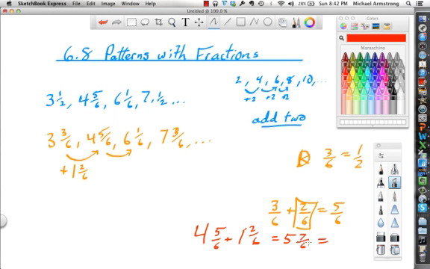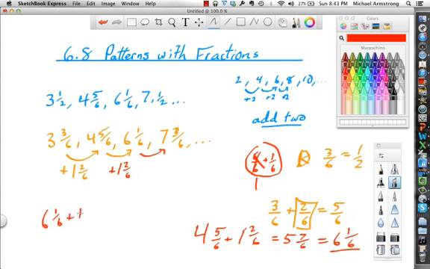So we remember that 7 sixths is the same as 6 sixths plus 1 sixth. So we've got to take the 6 sixths and turn it into 1. So we really have 6 and 1 sixth. Now this is from last lesson, so hopefully you can see how we changed 7 sixths into 1 and 1/6 and added it up. And 6 and 1/6 is what we get, so we know that when we add 1 and 2 sixths, we get that pattern. And then we can try one more time by adding 1 and 2 sixths to 6 and 1/6.